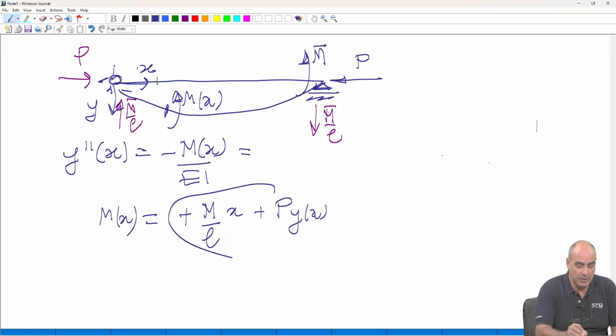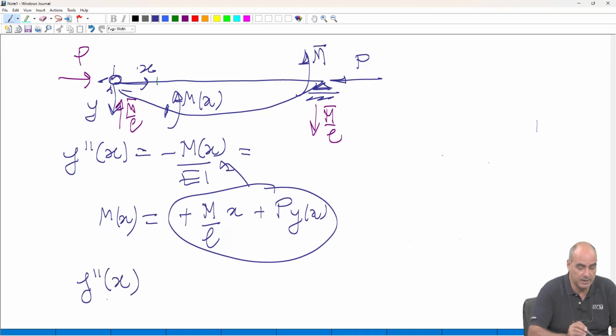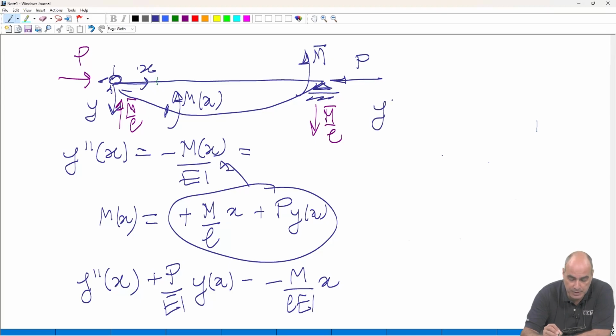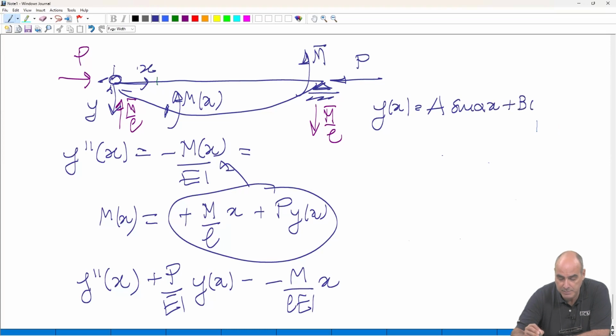I replace this into here, and I still have, if you work it out, an equation that, if you look at its face, is exactly the same as before. There we had H, and here you have M over L, but it's exactly the same. So you can expect that its solution is once more A sin(alpha x) plus B cos(alpha x), and here you have minus M over (alpha squared L EJ) times x.